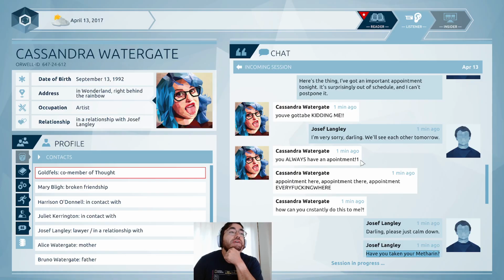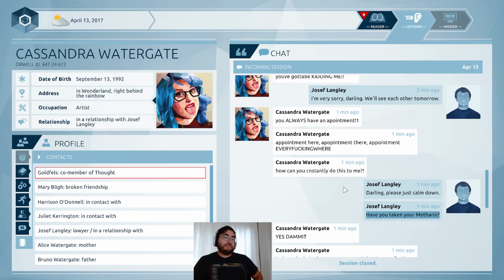See, so this is a common spelling error in texting because on most keyboards, the exclamation point and the one are the same button. So sometimes people mispress it when they're shifting, and it creates a one. Appointment here, appointment there, appointment everywhere. This lady likes to cuss.